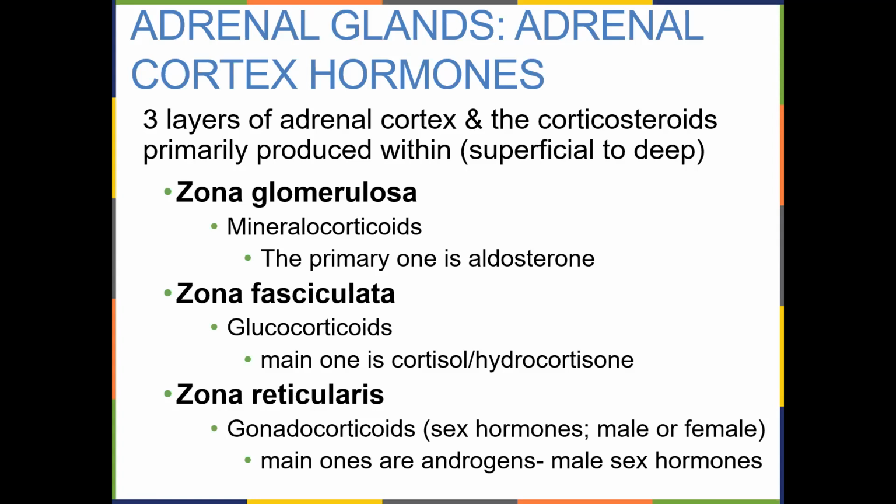And then the zona reticularis, the innermost layer of the cortex, produces what are known as the gonadocorticoids, the sex hormones. The male and female sex hormones, mostly releasing androgens, which are essentially testosterone. Now, these androgens will be converted to estrogen in the female.